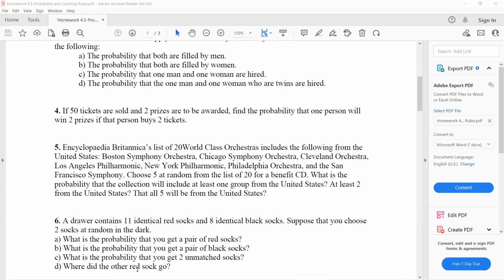So here we're looking at the probability of winning 2 prizes if one person buys 2 tickets.